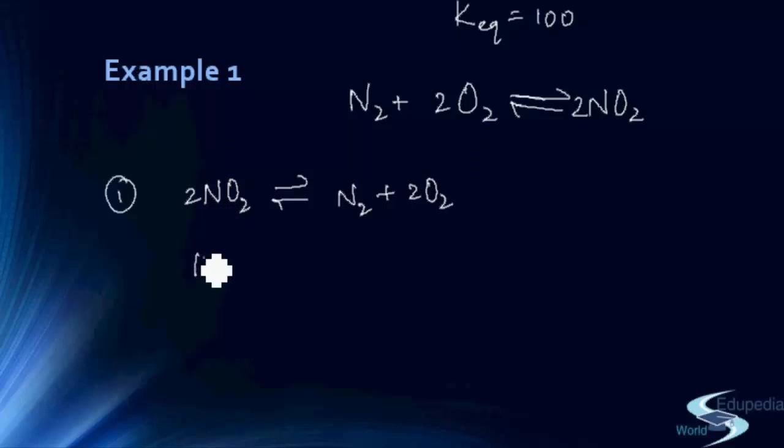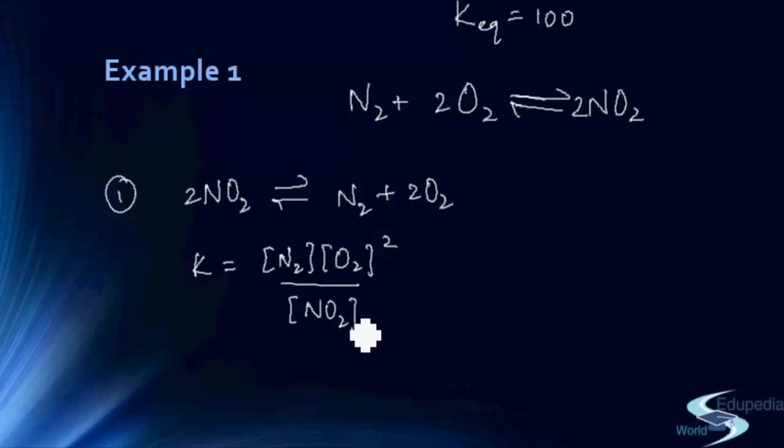So K for your new reaction is simply N2 O2 whole square divided by NO2 whole square, which you can clearly see is simply equal to 1 by K equilibrium, where K equilibrium is given to be 100.